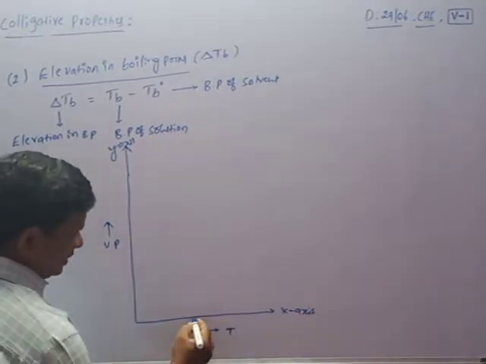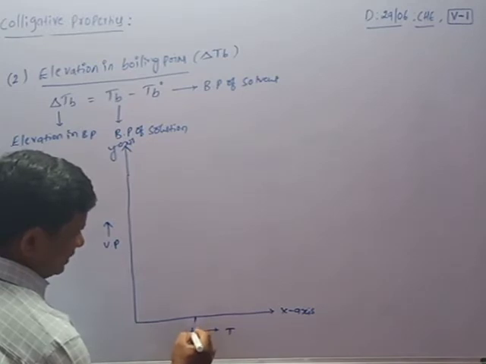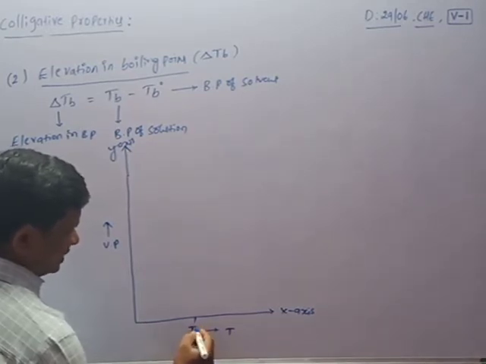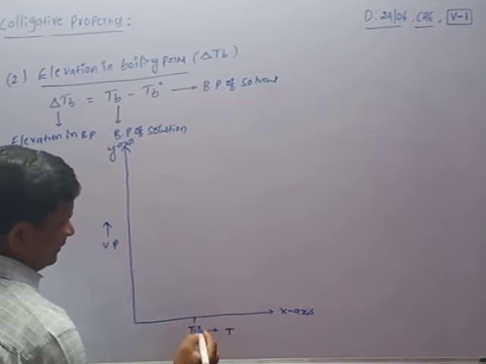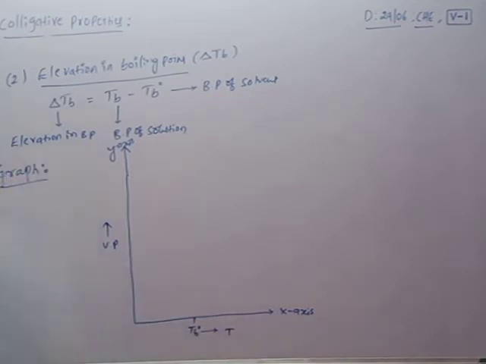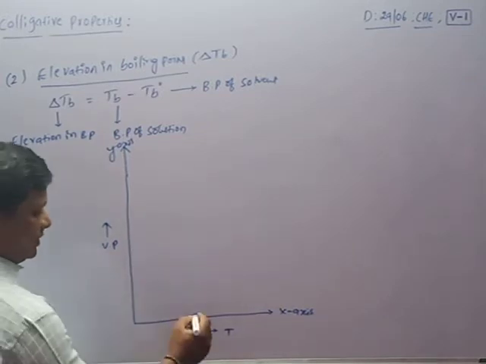This value is TB naught, the boiling point of the solvent.